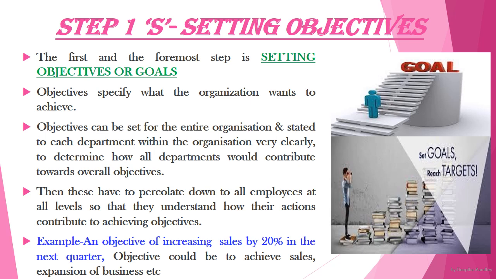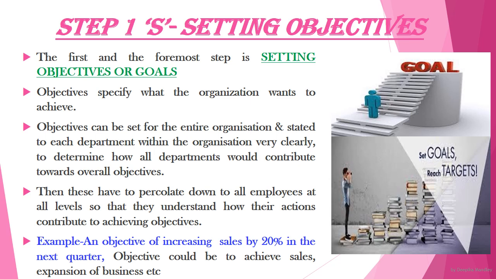Now these objectives specify what the organization wants to achieve. These objectives can be set for the entire organization and stated to each department very clearly to determine how all departments would contribute towards overall objectives. Then these have to percolate down, that means filter down, to all the employees at all the levels so that they understand how their actions contribute to achieving objectives.